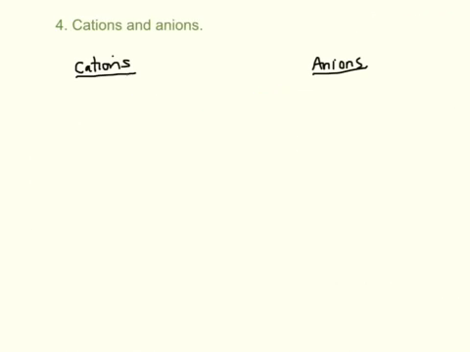All right, so cations. A cation is a positive ion. So it's an ion that has a plus charge on it, and an anion is a negatively charged ion, or an ion that's got a minus charge on it. And so a cation is going to be an atom that has lost electrons, like sodium did.